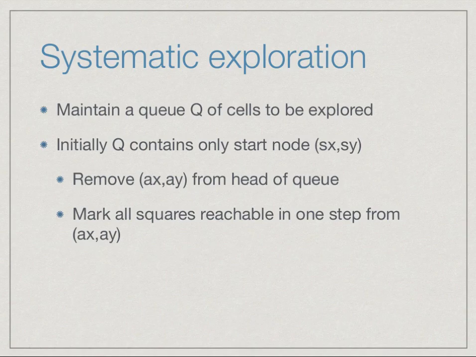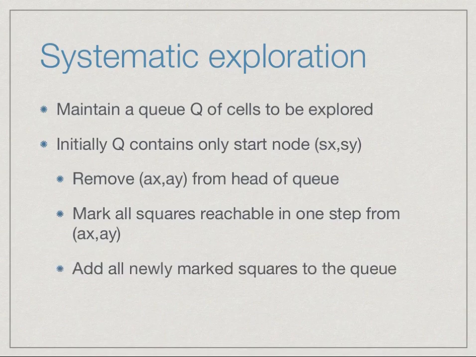So reachable means I can take one knight move and go there, and the result of this knight move doesn't take me off the board. So I mark all these squares which are reachable from ax and ay, some of which were already marked, some of which are marked just now. So what I do is I take the ones which I have newly marked and add them to the queue, saying that these have been newly marked, so now I need to also explore these squares for what I can reach from there.